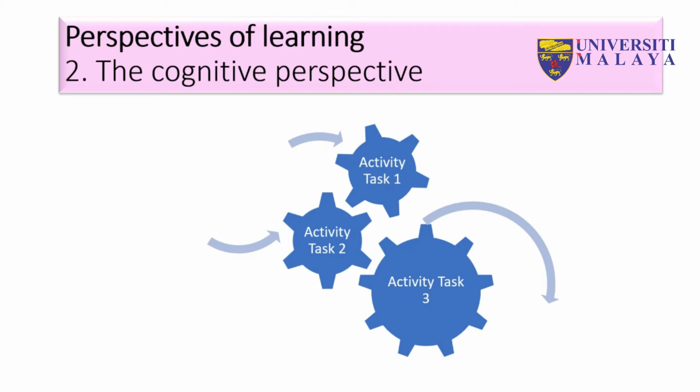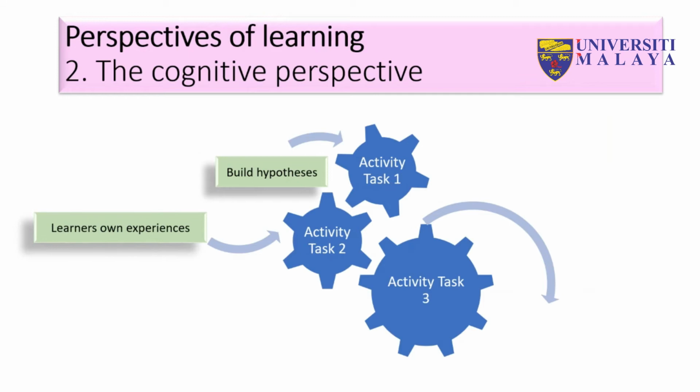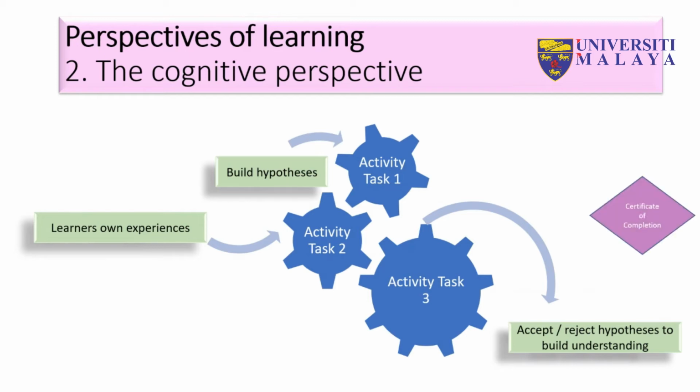So cognitive perspective focuses on activities. You'll be using activities for students to learn, to build their hypothesis, and then also relate it to their own experiences. That's how they build their understanding as they see, oh, I've done it this way, I need to improve, and what I need to redo.